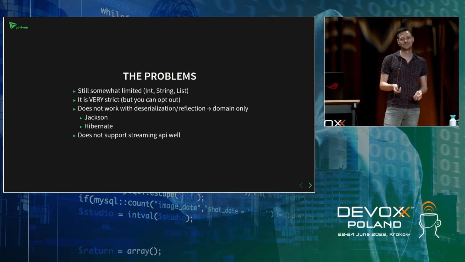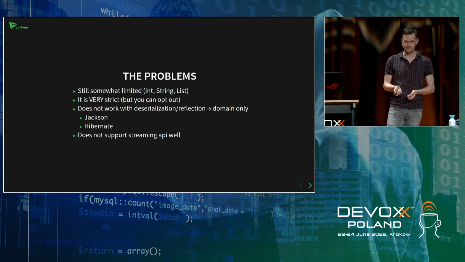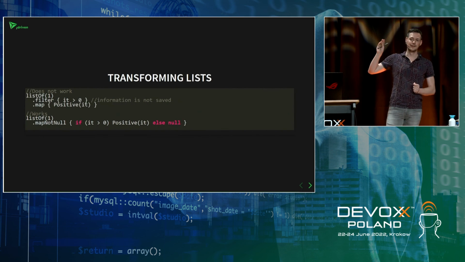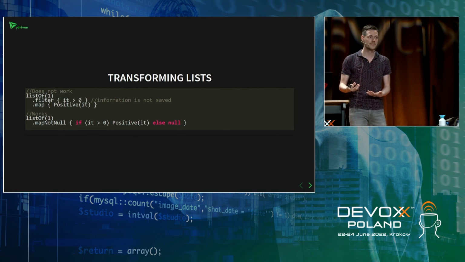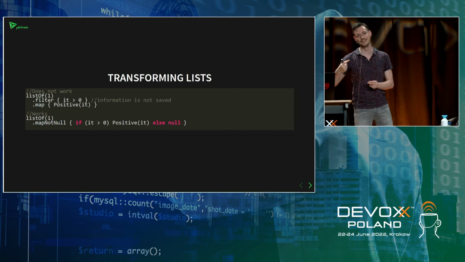And lastly, unfortunately, it doesn't really support the Stream API that well. Since if you, for example, do a filter to check if the value is greater than 0, this checking happens in a different context than the actual mapping. And the compiler can't figure out that we already did the checking.